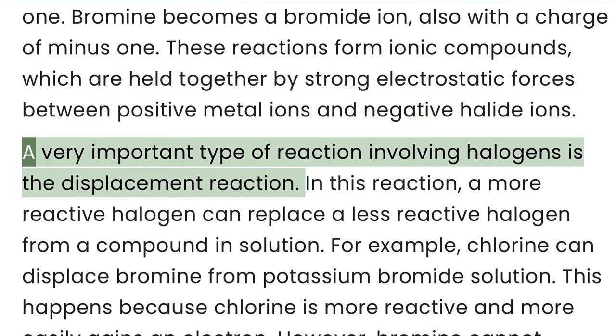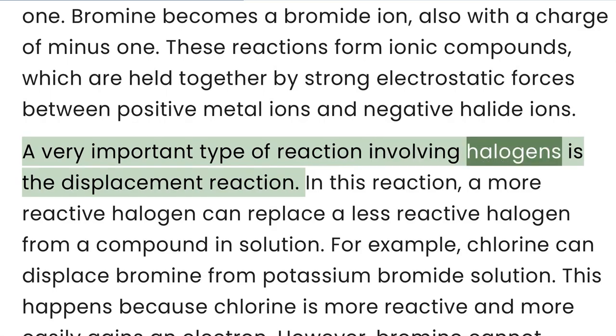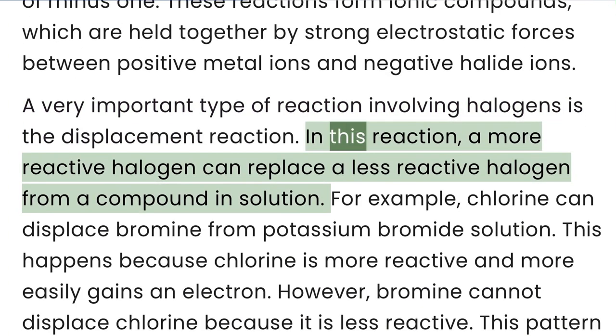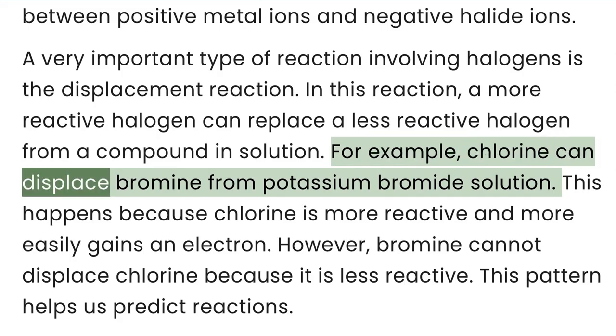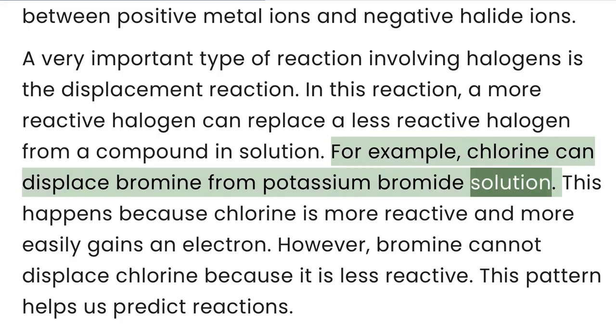A very important type of reaction involving halogens is the displacement reaction. In this reaction, a more reactive halogen can replace a less reactive halogen from a compound in solution. For example, chlorine can displace bromine from potassium bromide solution.